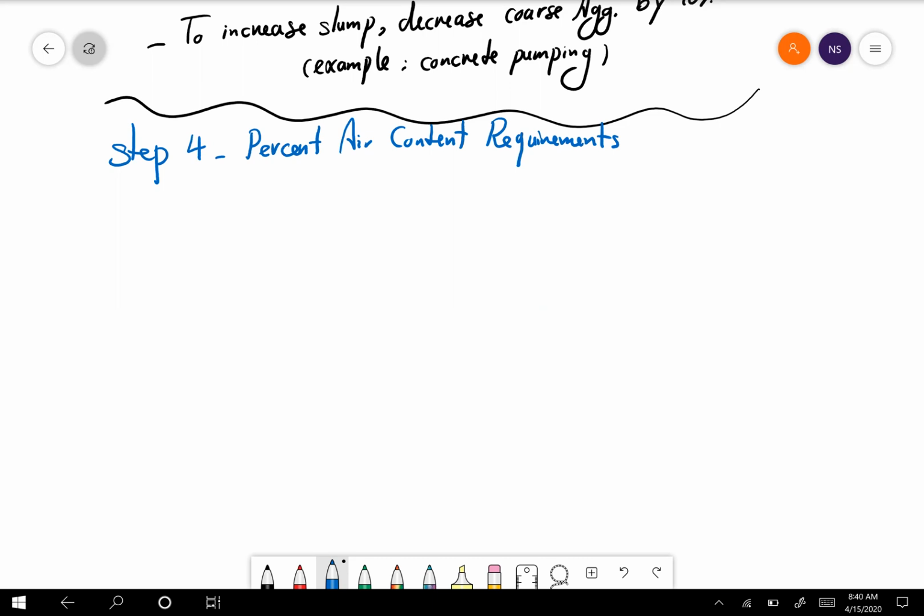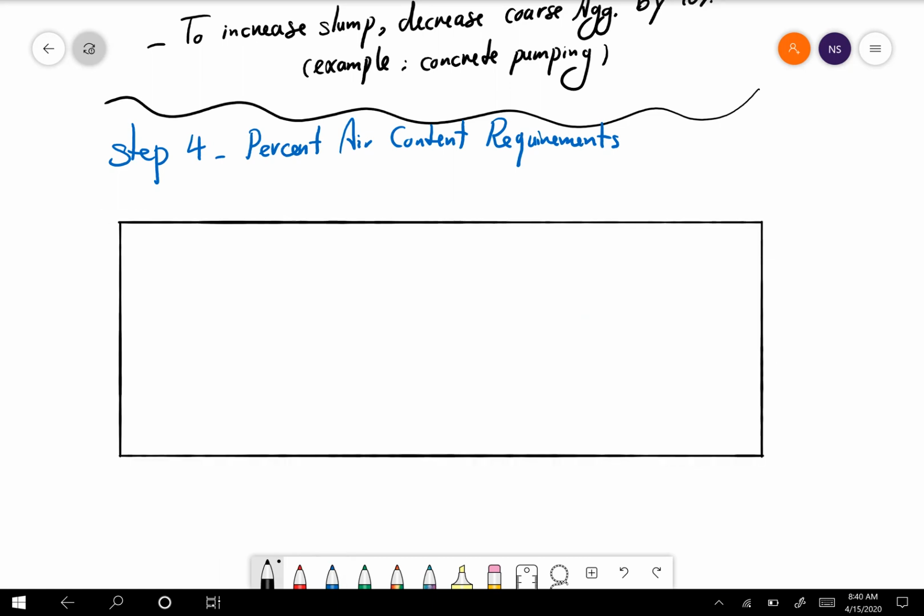Right? So again, we are following the ACI design method here. ACI has another table for that, based on nominal maximum aggregate size, where you have different air content requirements.